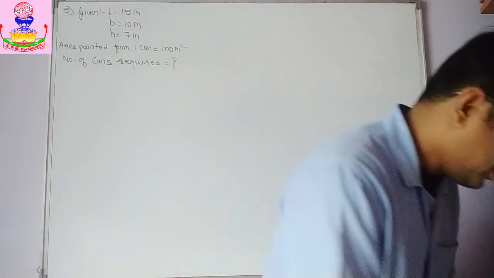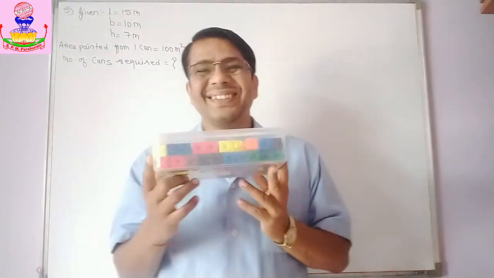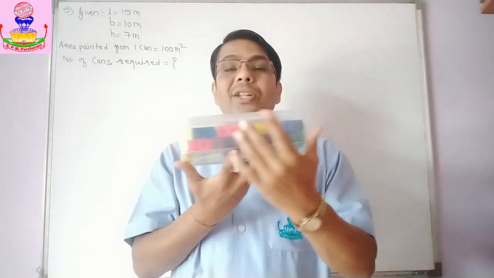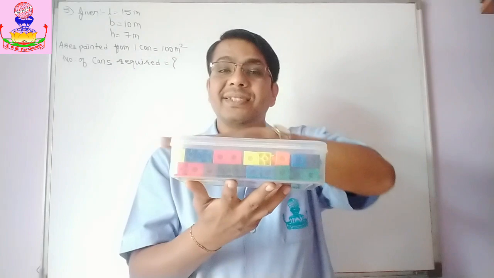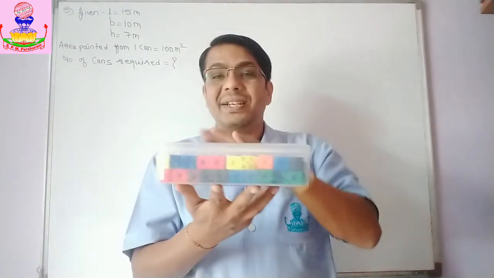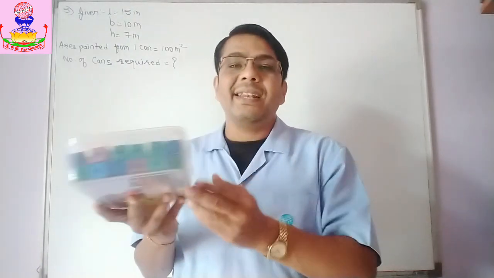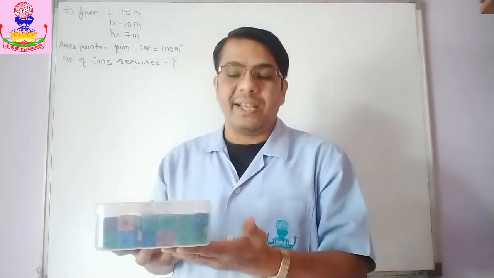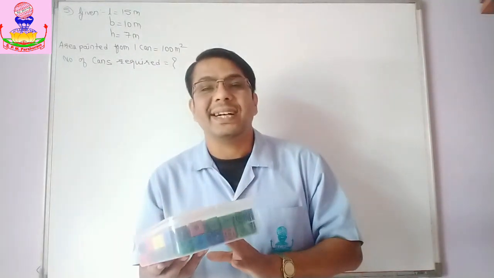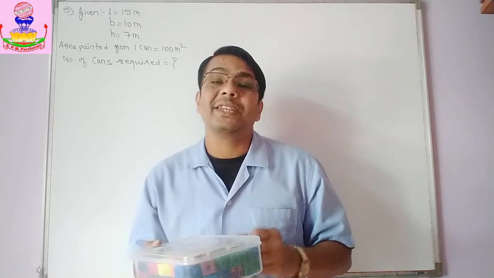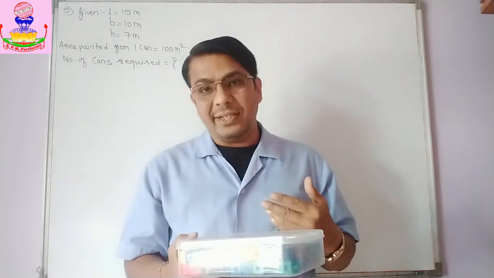So here again, suppose this is the cuboidal room. Now she paints all the walls, so lateral surface area plus ceiling. But we don't paint the floors, right? So again, L into B, bottom we will not take, but top L into B we will take. And we know the lateral surface area is 2 into bracket L plus B into H. So that we can use.